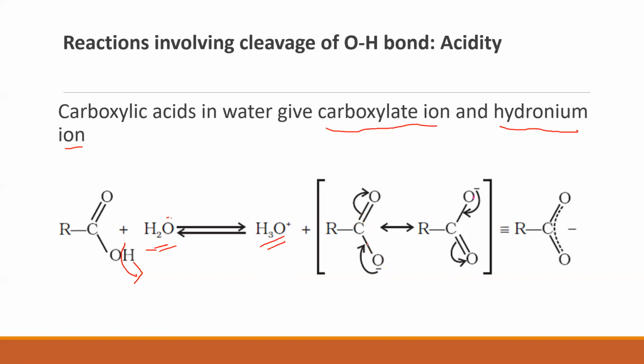Resonance is indicated by movement of electrons. We call that delocalization of electrons. So electrons of the charge get shifted here. If it gets shifted here, the valency of the carbon is disturbed. One bond here, which is a pi bond, breaks and goes back onto oxygen to form the charge. That forms the resonating structure.